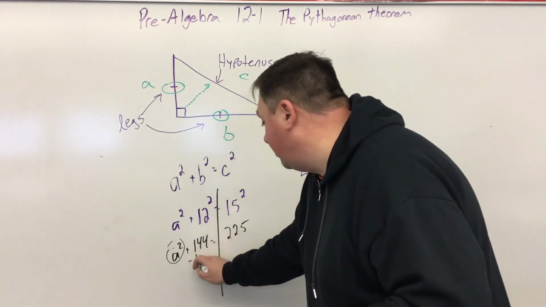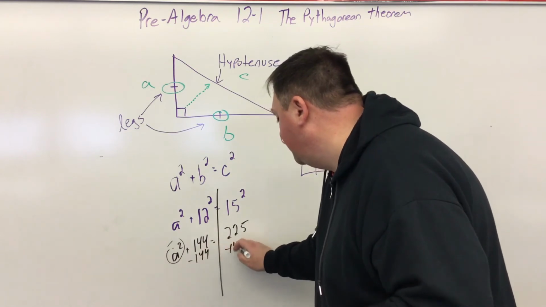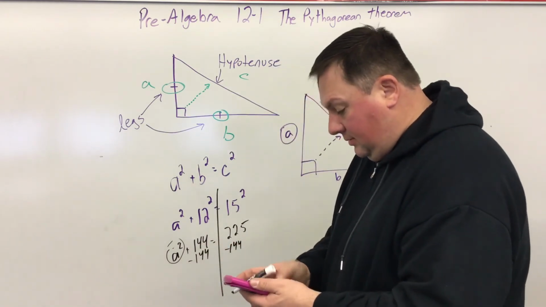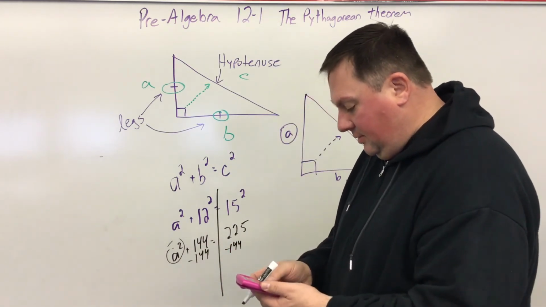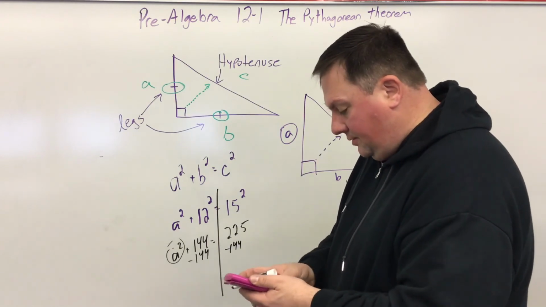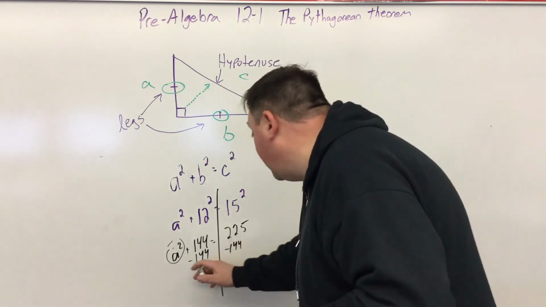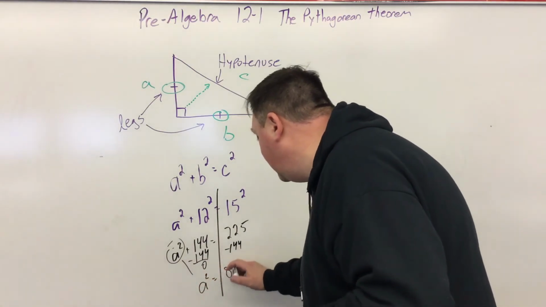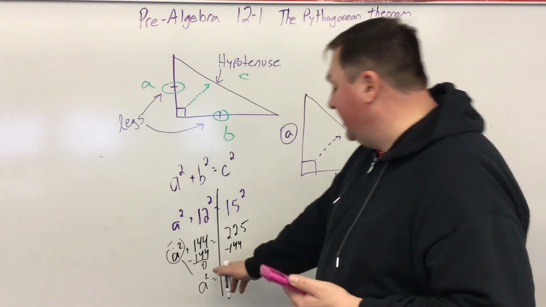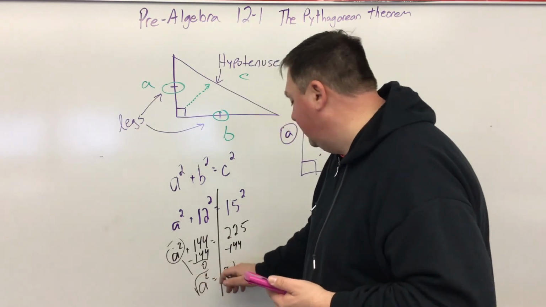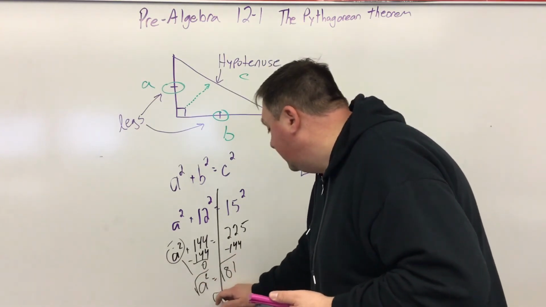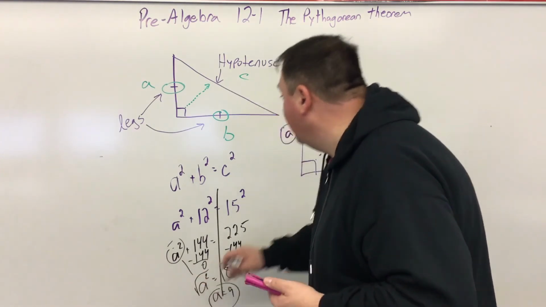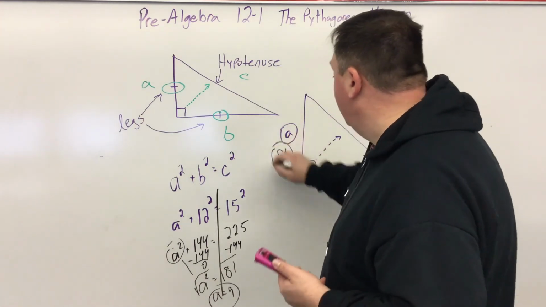So we're going to subtract 144 from both sides. So now that's 0, so A squared equals 81. So now we have to take the square root to do the opposite of squaring something. So A equals 9. So we found out A is 9.